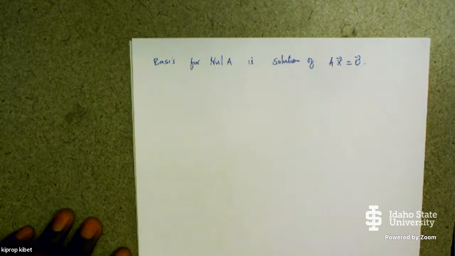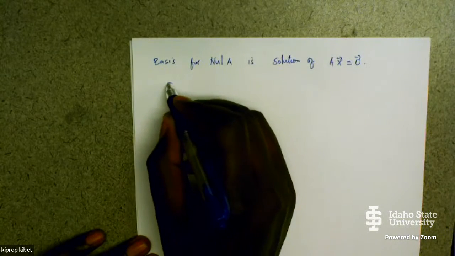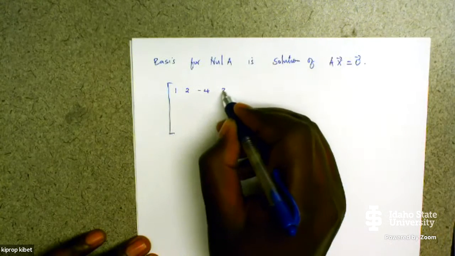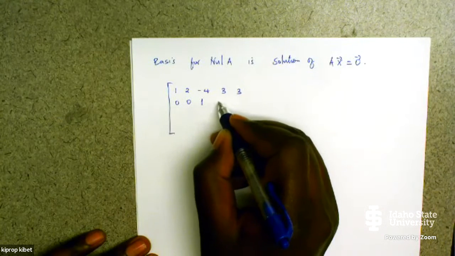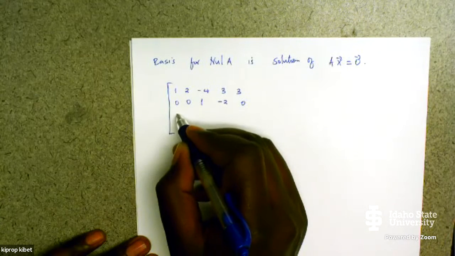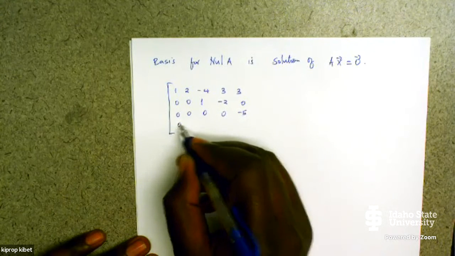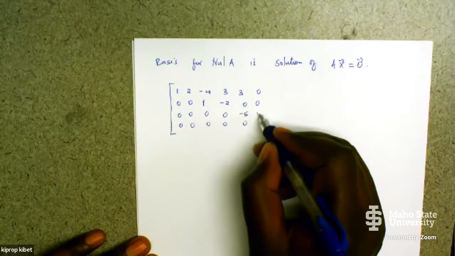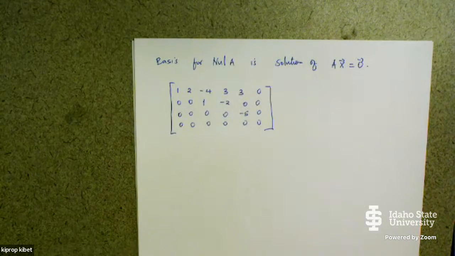So you already have the echelon form of A, not even the reduced one, to be 1, 2, minus 4, 3, 3; 0, 0, 1, minus 2, 0; 0, 0, 0, 0, minus 5; and then 0, 0, 0, 0, 0. So what you do there, you write the augmented matrix of that form, and then we reduce it completely.